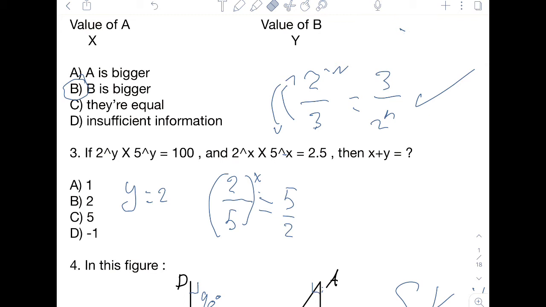To make 2 over 5 flip, you just need to raise it to the power of negative 1. How? If we have 2 over 5 and I want it to become 5 over 2, I cannot raise it to the power of negative 2, because then I have to multiply both of these by 2.